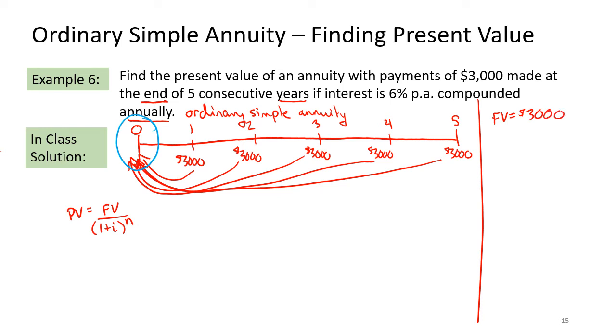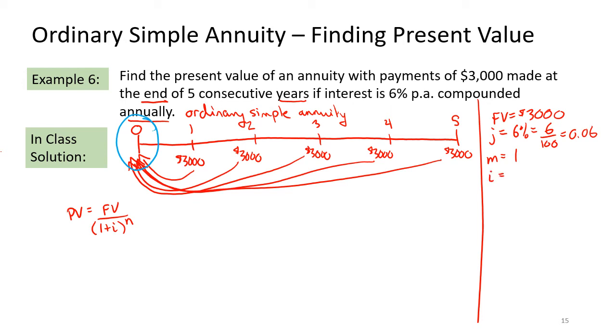Our nominal interest rate, J, is 6%, which is 6 divided by 100, removing the percentage sign, or 0.06. M, our number of compounding periods per year, is given in the question as annually, so M is 1.